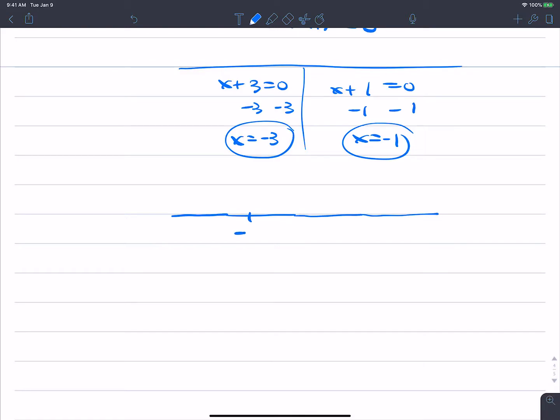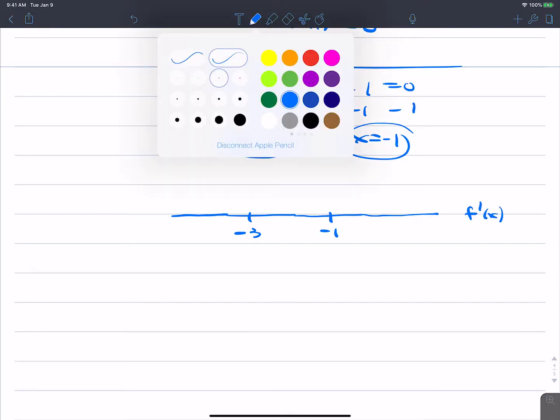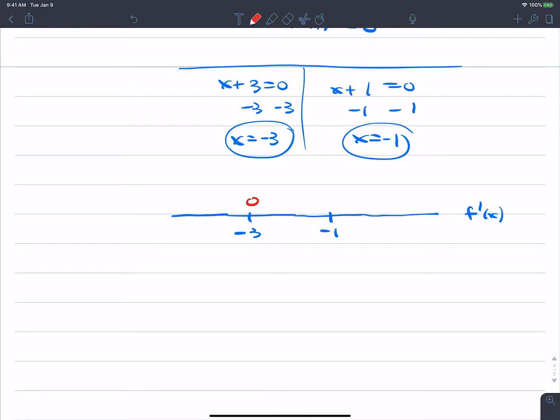Remember, -3, -1: these are the locations where that derivative is 0. These are the critical values, and this partitions our axis into region 1, region 2, region 3.